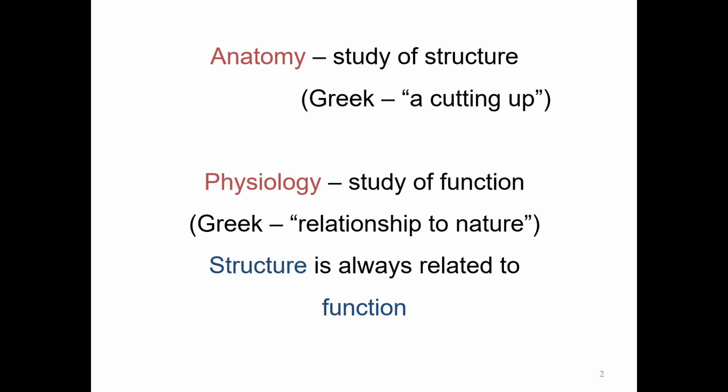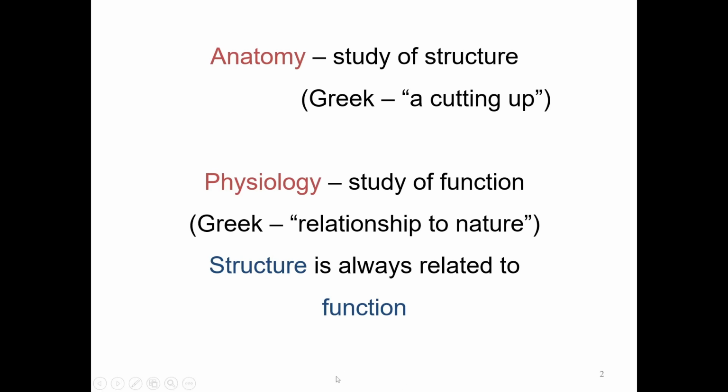These are the two basic points related to human beings. We are studying human beings, dealing with human beings, treating human beings, and giving advice to maintain the normal health of human beings. That is the point you have to remember related to bioscience.